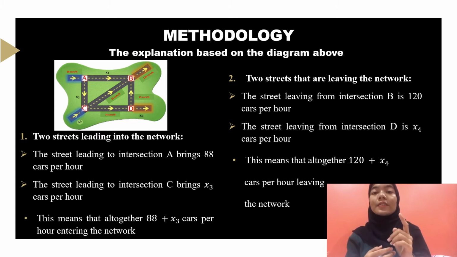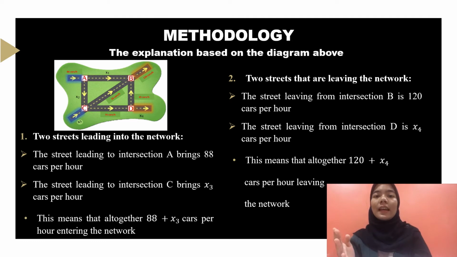First, the street leading to intersection A brings 88 cars per hour. And the other street leading to intersection C brings X3 cars per hour. This means that 88 plus X3 cars per hour are entering the network.